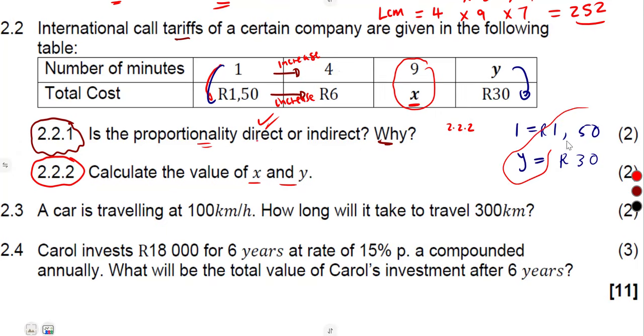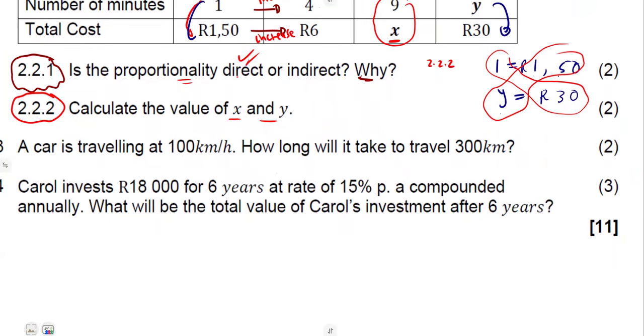Cross multiply. So you're going to cross multiply 1 and 30, y and 1,5. 1,50, you can ignore that 0 there in your calculations. So it's going to be y times 1,5 is equal to 1 times 30.